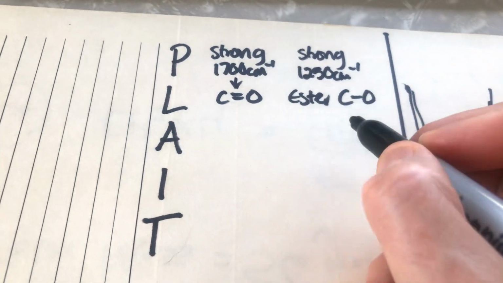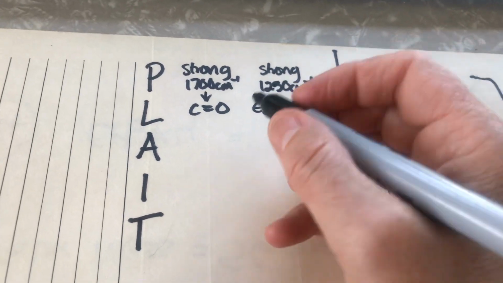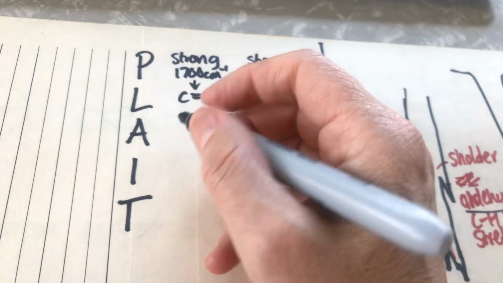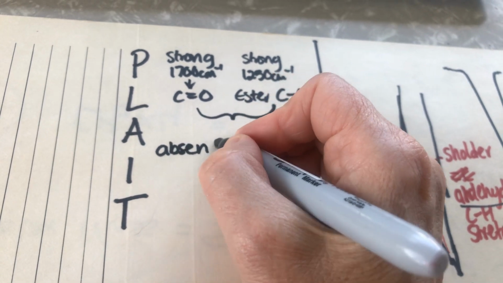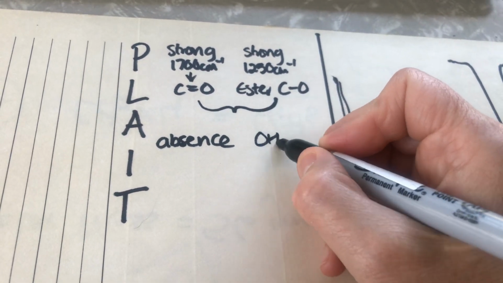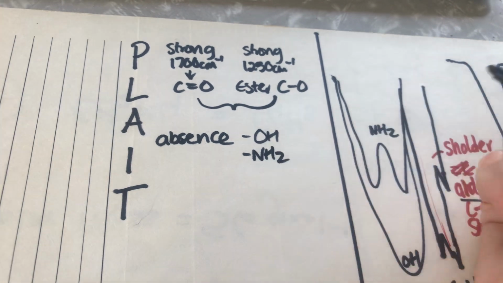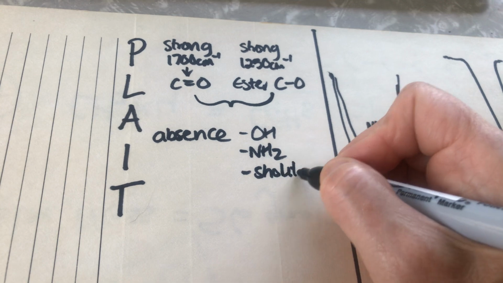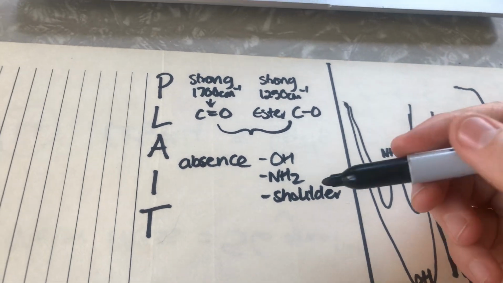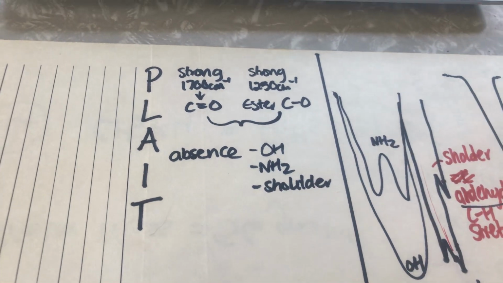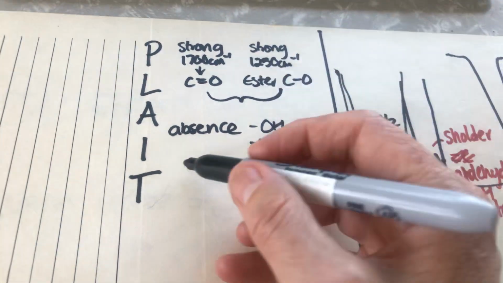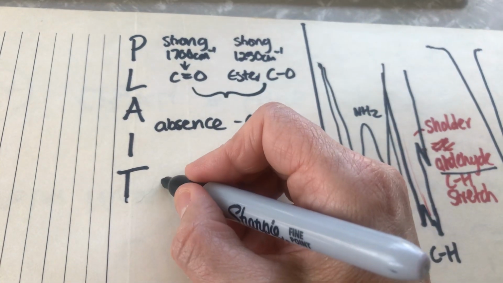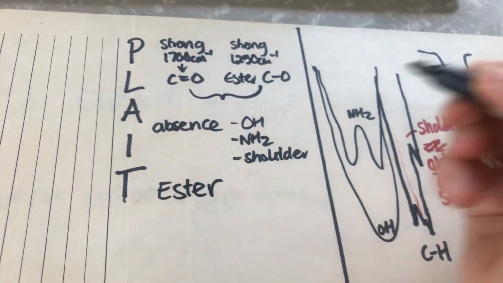Then the analysis of this can involve linking these two together, but also linking to the absence of the OH, the NH2, the shoulder peak, and anything else that we could reasonably expect to see. And then if we tie that all together, we might come up with the fact that this is possibly the spectra of an ester.